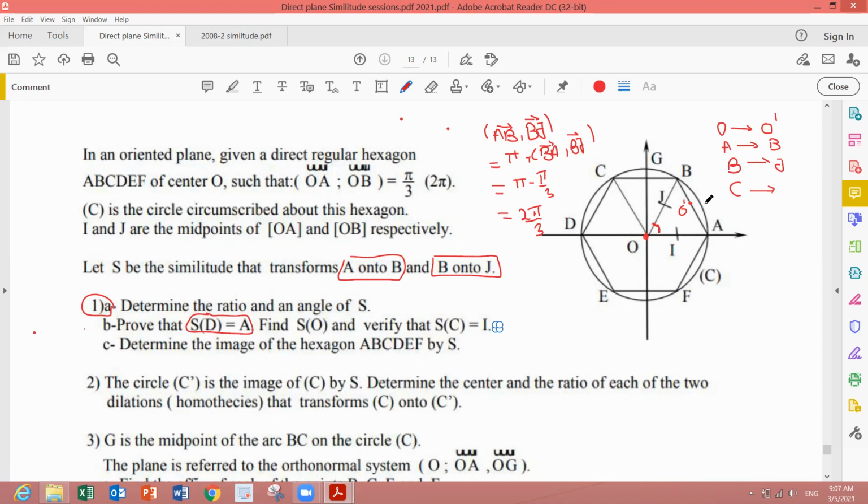Then O prime BJ, what is it? This one is a parallelogram. O prime BJI is a parallelogram. So the image of C will be I.